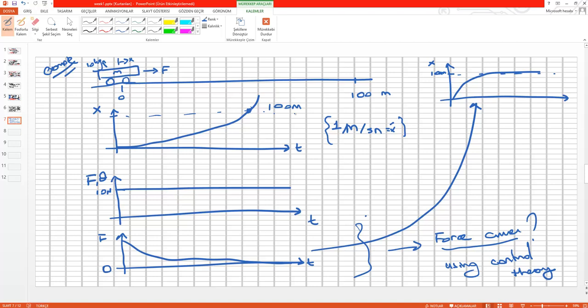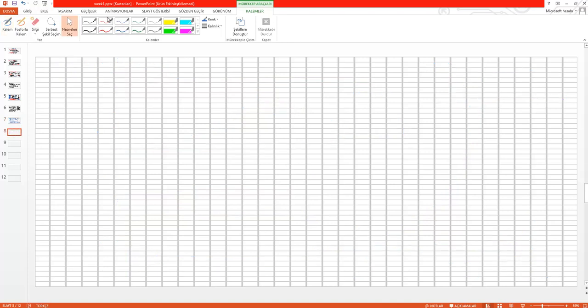But in the next weeks we will talk about it in real systems, okay? But in this lesson we should give the section 4 information, the analogy principle.